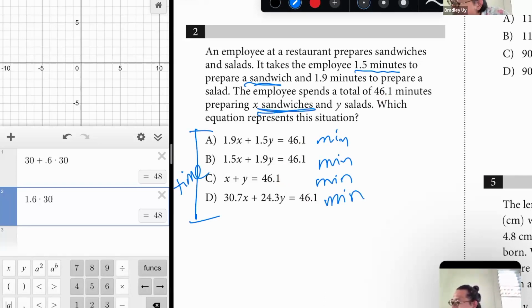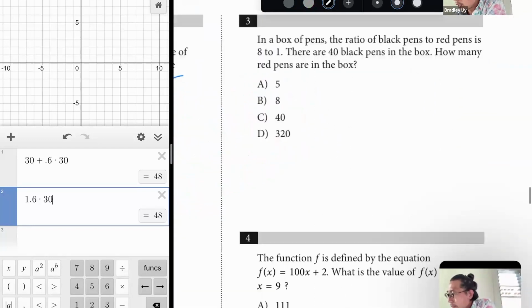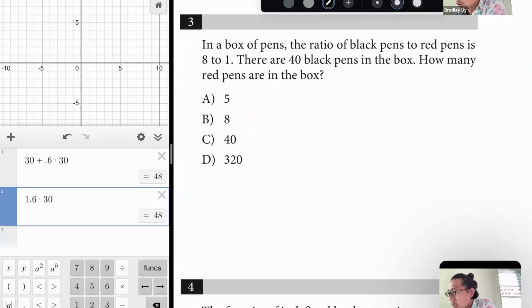X is the number of sandwiches they're preparing, so the total time is 1.5 times the number of sandwiches, which is right here. 1.9, which is the time for a salad, times the number of salads is the total time. 1.9y is the total time they take to prepare y salads. And so the right answer in this case is B. That's just a matter of taking a written expression and turning it into an equation.